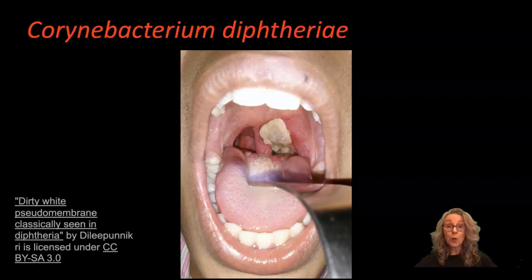Diphtheria is a Greek word meaning leather that comes from this patch of dead bacteria that you can see in this picture. Corynebacterium diphtheriae can be lysogenized by a phage, in other words, infected by a bacterial virus, and it produces a toxin which can be fatal. Till 1935, this was the leading infectious killer of children in the United States, but the DTaP vaccine came about and has minimized the threat of this disease.